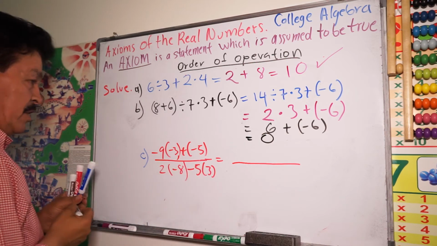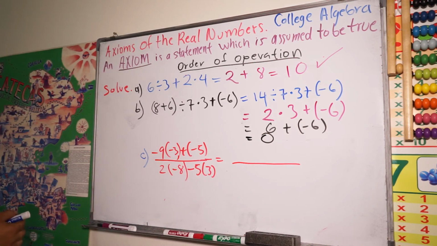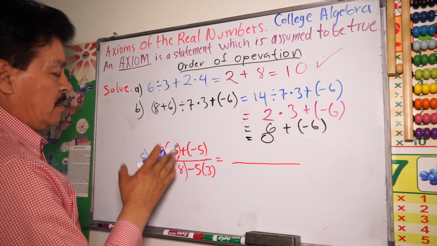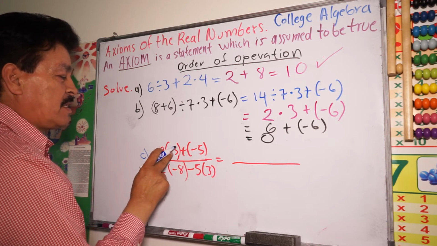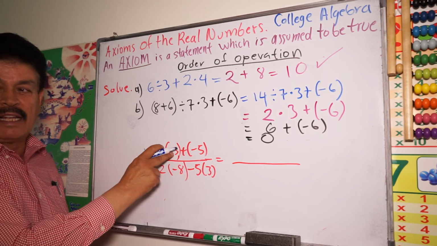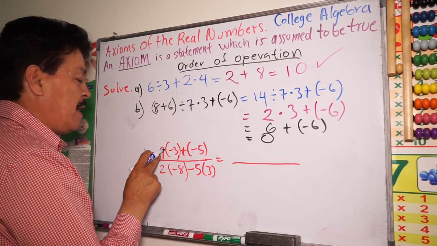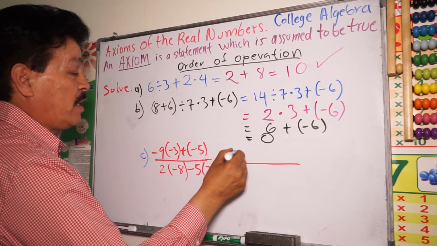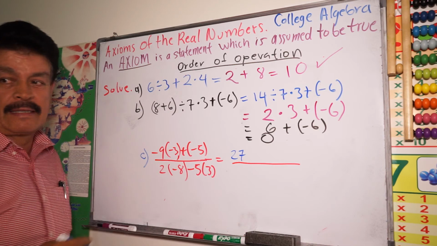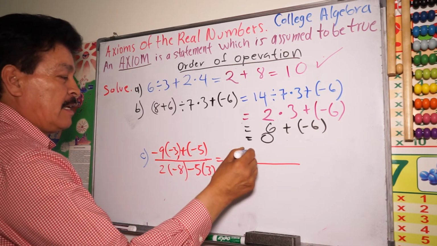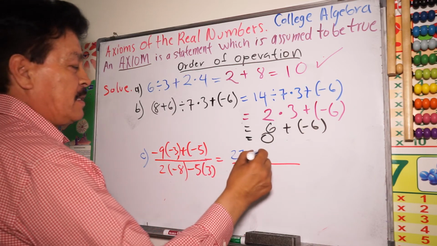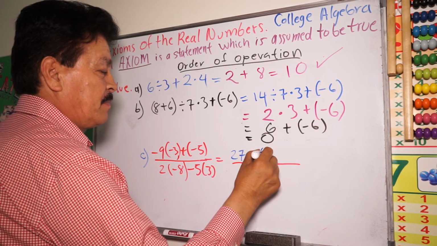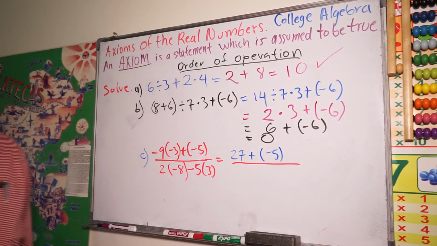Let's keep the answer right here. Okay, multiply first, from left to right. Negative times negative is positive. 9 times 3 is 27. Okay, plus negative 5.